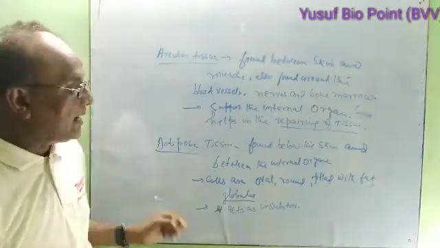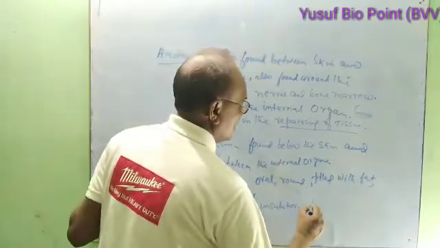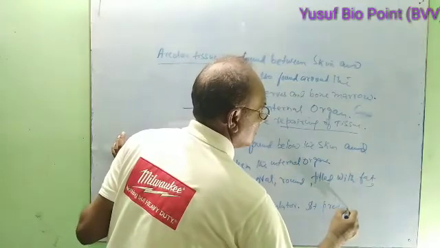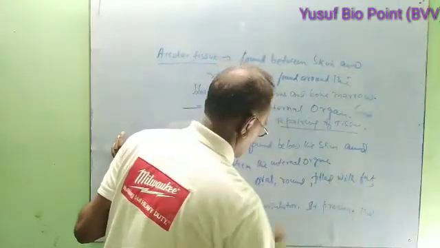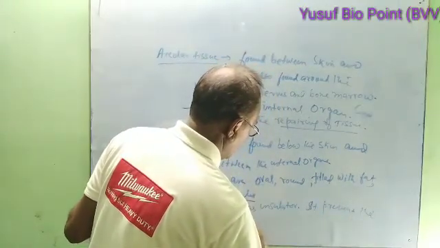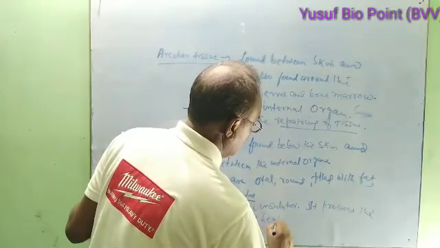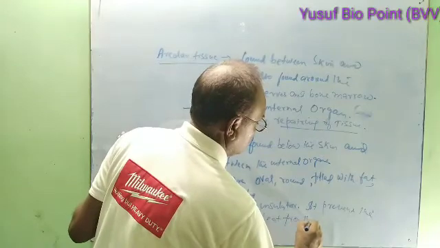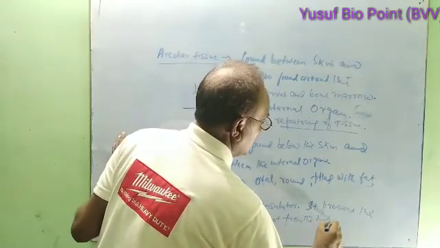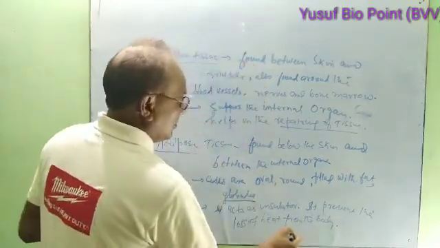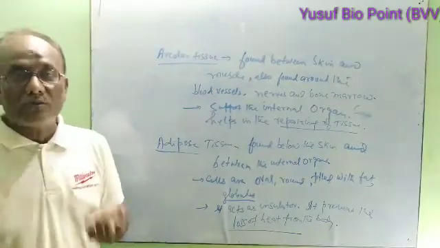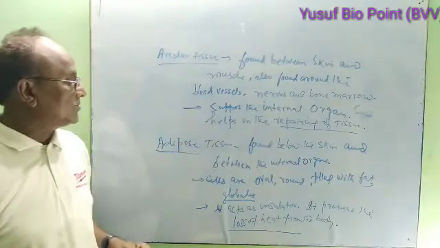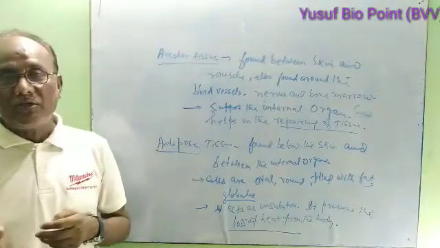Insulator means it prevents the loss of heat from the body. यानी बॉडी से हीट नुकसान नहीं हो या निकले नहीं, उसको ये प्रिवेंट्स करता है, रोकता है. तो दैट इज द फंक्शन ऑफ एडिपोज टिश्यू.